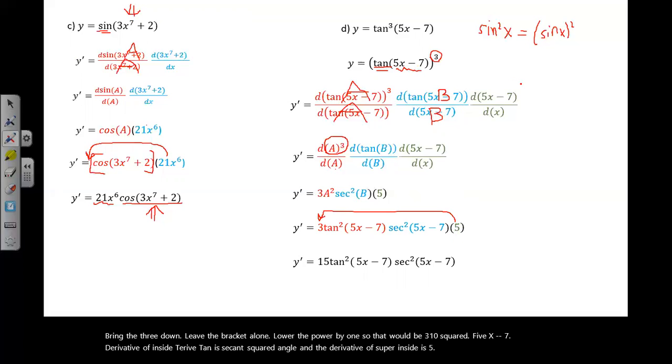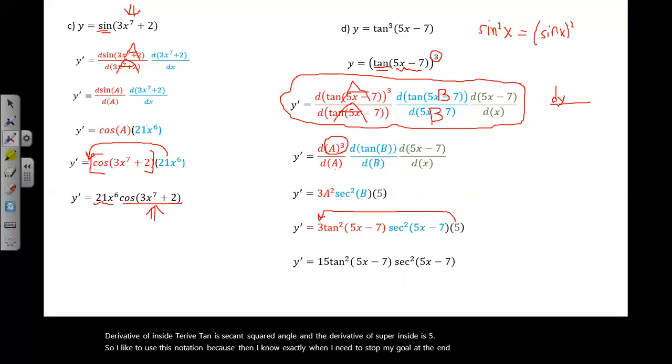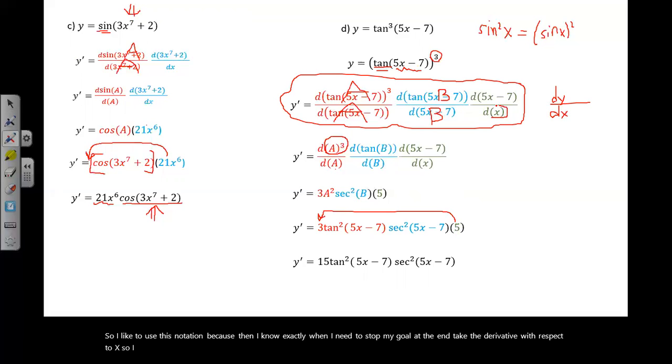So I like to use this notation because then I know exactly when I need to stop. My goal at the end, take the derivative with respect to x. So I know that when I get down to x, I am done. For those who do outside and inside, you just really have to know what you're doing. So be careful.